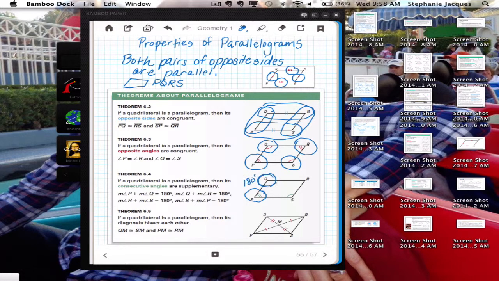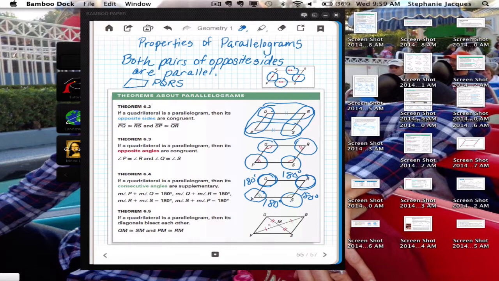And angle Q and angle R should add up to be 180 degrees. And angle R and angle S should add up to be 180 degrees. And then S and P should add up to be 180 degrees. So they're supplementary.